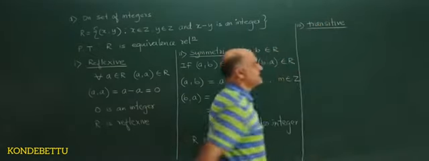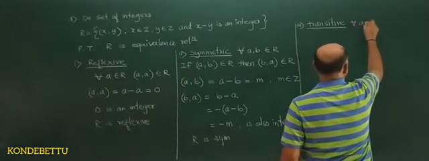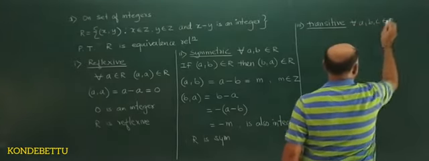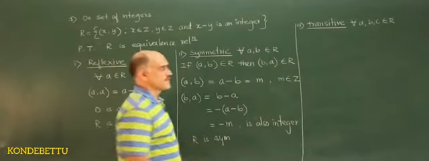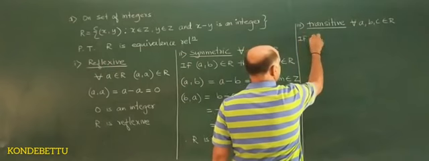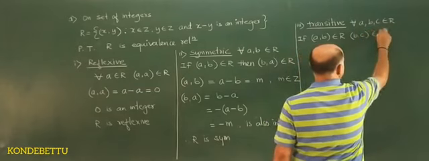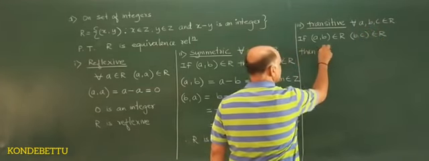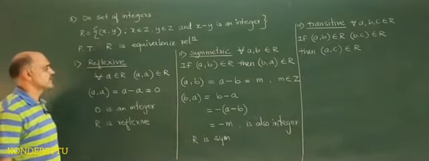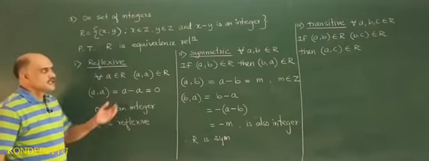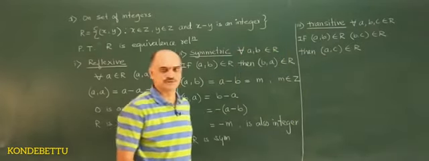So for transitive, three values we take: a, b, c belongs to R. So if (a, b) belongs to R and (b, c) belongs to R, then you are required to show that (a, c) belongs to R. So now these two are given, you are required to show that this is true.